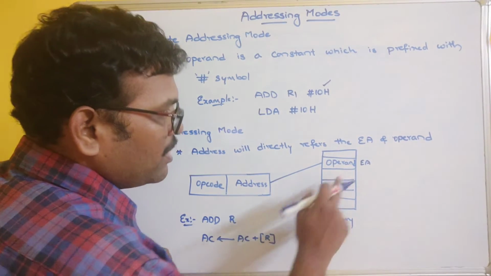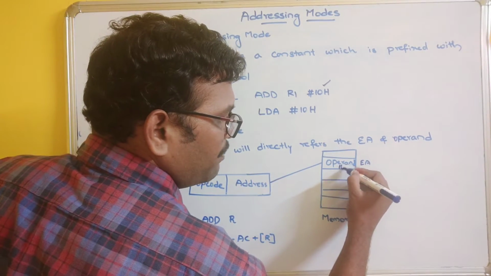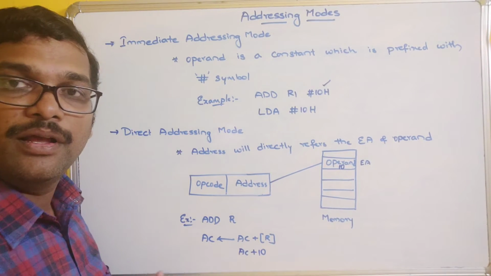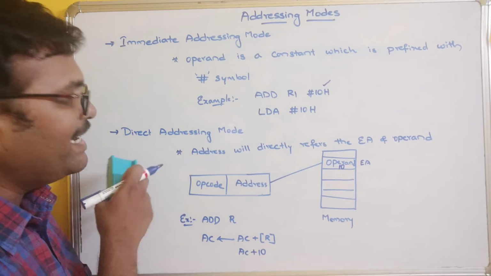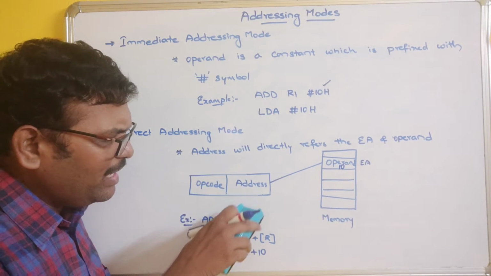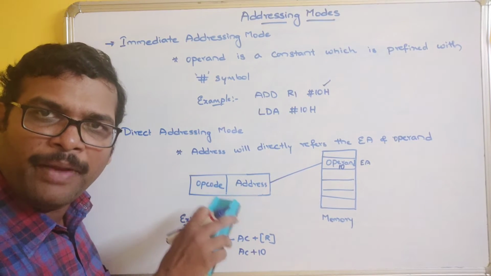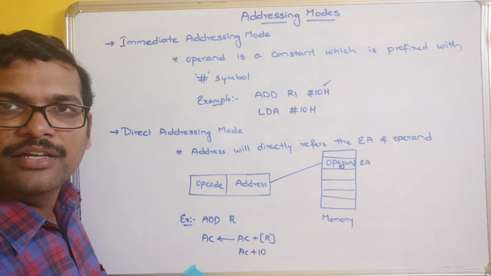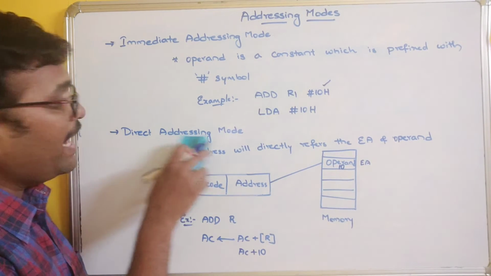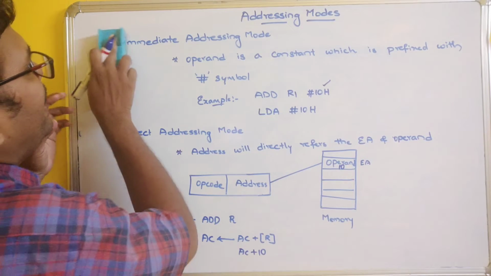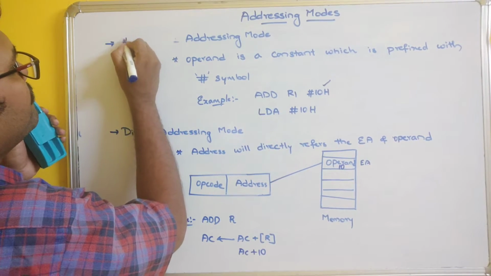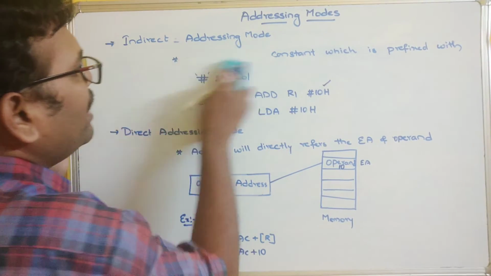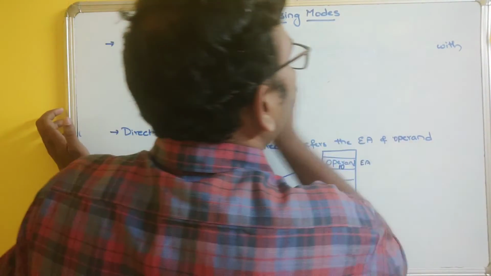Whatever the value is here, for example let it be 10, so accumulator plus 10. So this is called the direct addressing mode. Directly the address in the instruction format will refer to the effective address of the operand. So we call it a direct addressing mode. Coming to the indirect addressing mode, here it is quite the opposite of this one.